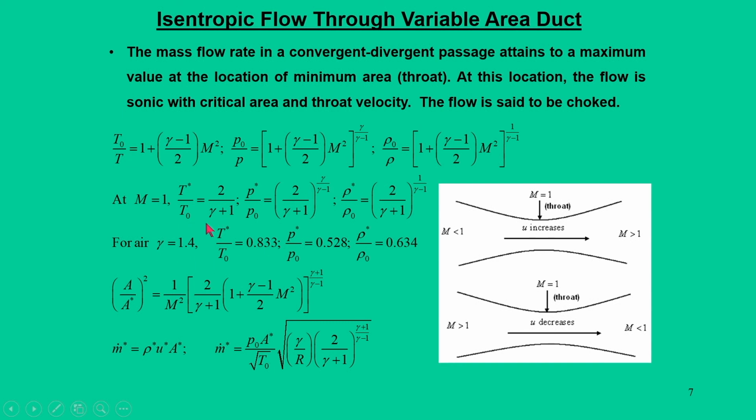For gamma equal to 1.4, the static to stagnation temperature ratio becomes 0.833, the static to stagnation pressure ratio becomes 0.528, and the static to stagnation density ratio becomes 0.634. So, these relations are always maintained.